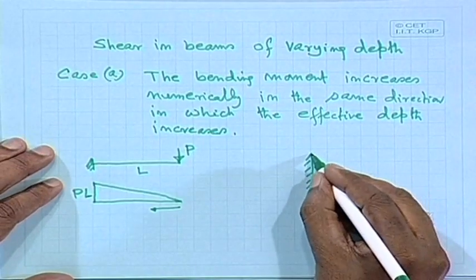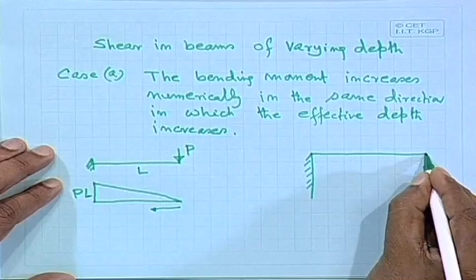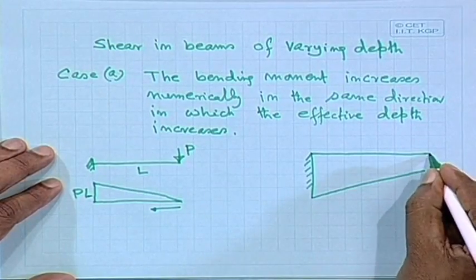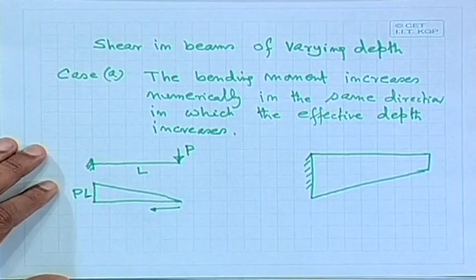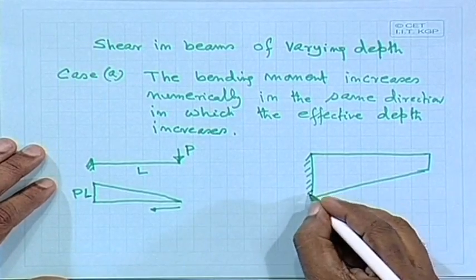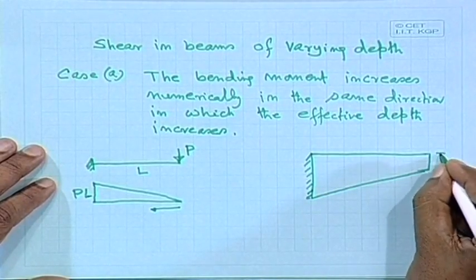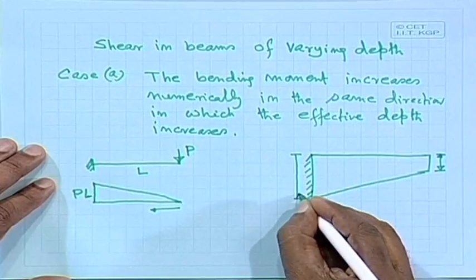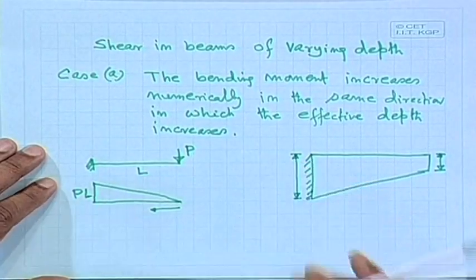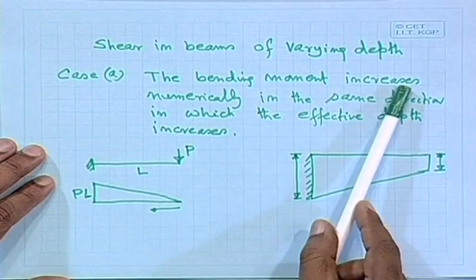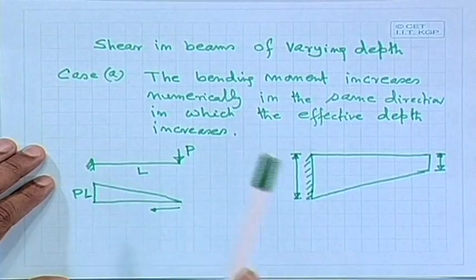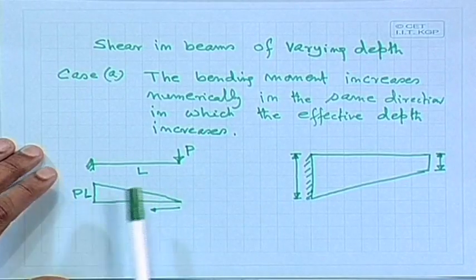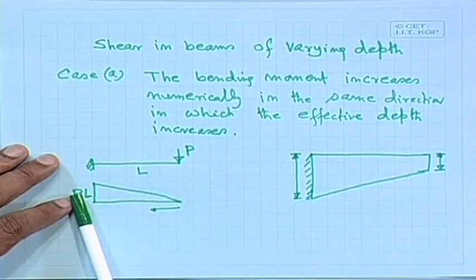So, what can we do? We can do this. This is your diagram. We have a certain depth here and we are providing a certain depth here. What happens in this case? The bending moment increases numerically, we are talking numerically, because whether positive or negative, we are not talking about that. So, it is increasing here.